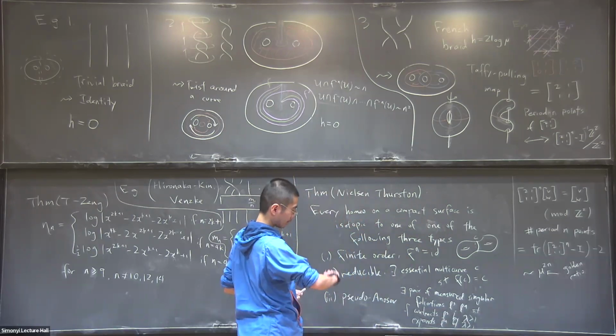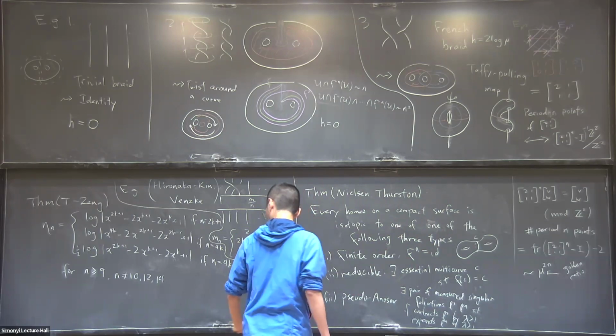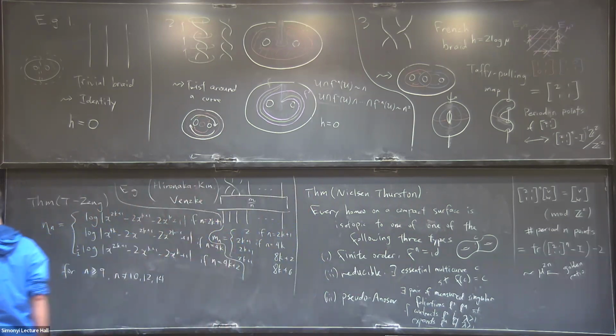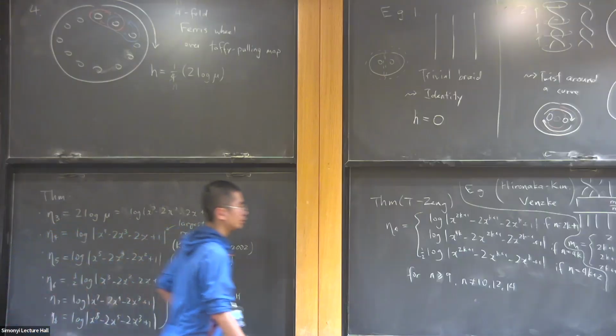I don't really have time to unwind that definition completely, but instead let me tell you that that taffy pulling map is an example of a pseudo-Anosov map.